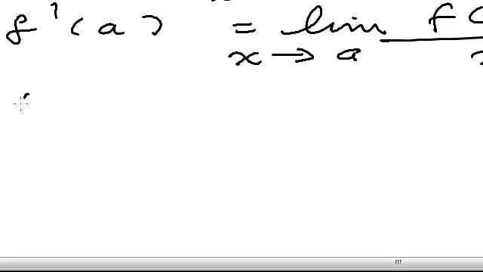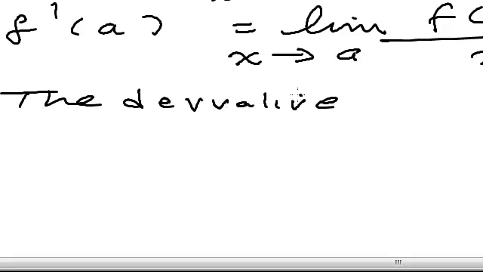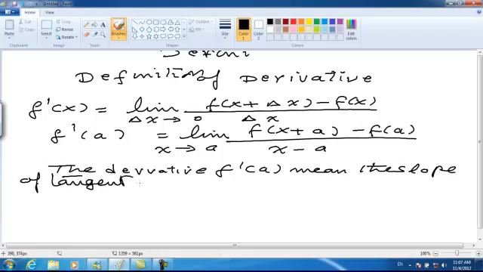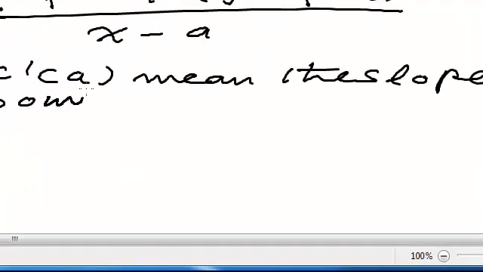The derivative f dash of a means the slope of the tangent line at the point a and f of a.